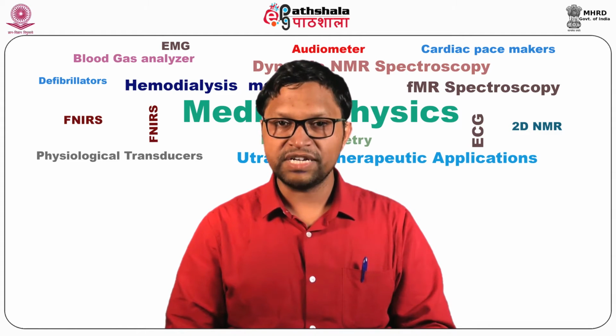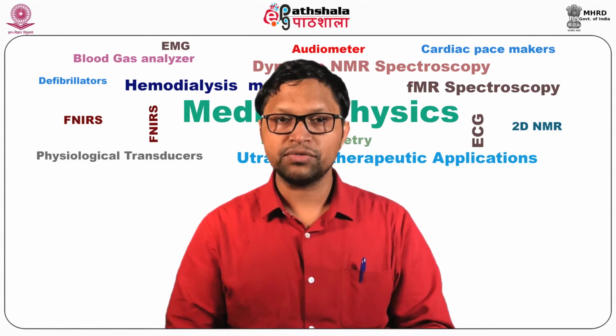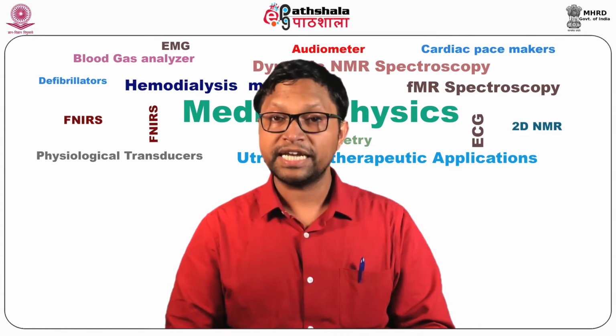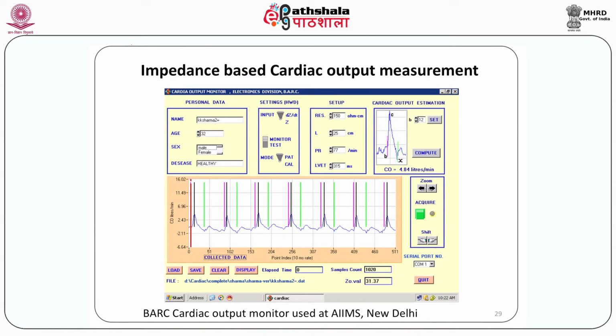For the sake of convenience, many researchers use ECG type spot electrodes. This shows the typical graphic user interface of an impedance cardiac plethysmograph. This was developed by Bhabha Atomic Research Center, shortly called BARC, in India.